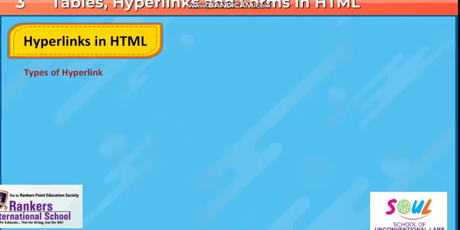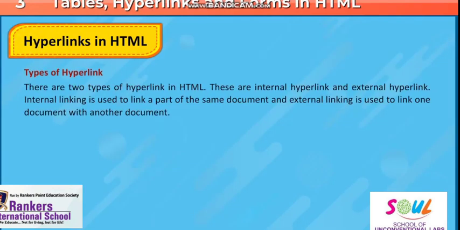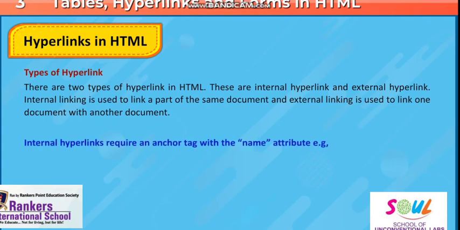Types of hyperlink. There are two types of hyperlink in HTML: internal hyperlink and external hyperlink. Internal linking is used to link a part of the same document, and external linking is used to link one document with another document. Internal hyperlinks require an anchor tag with the name attribute.